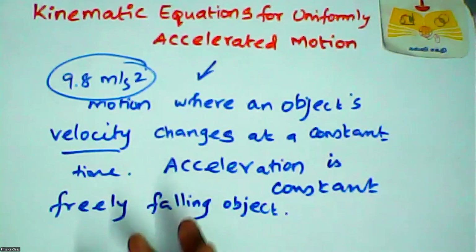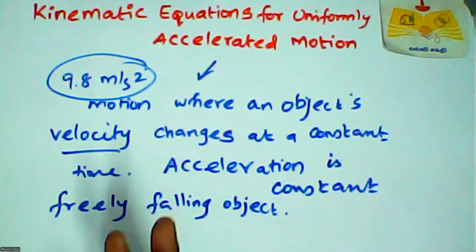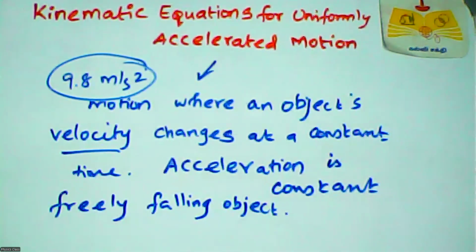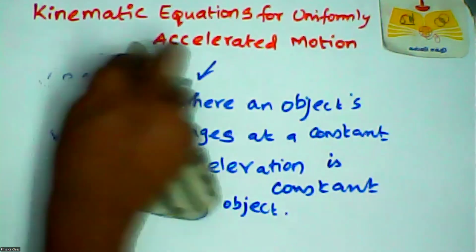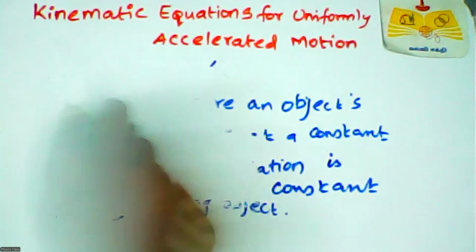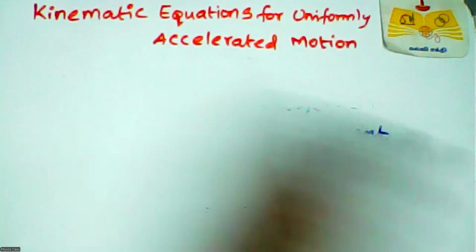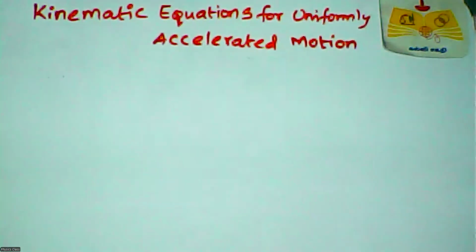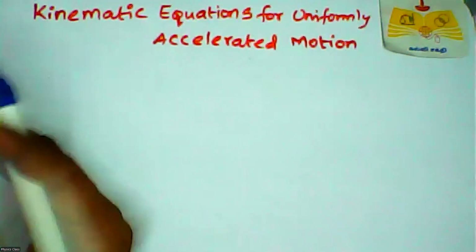We will derive three equations to help us solve many real life motion problems. The three kinematic equations we will learn are the tools to analyze this motion. They connect five quantities.